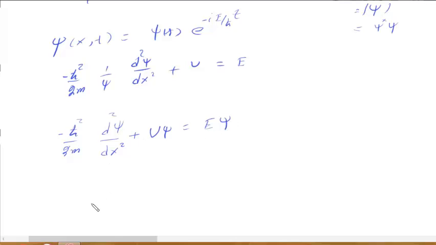We can also write this as H psi equal to E psi, where H is the total Hamiltonian. This is the time independent Schrodinger equation.